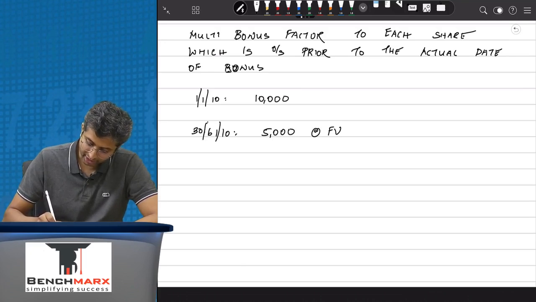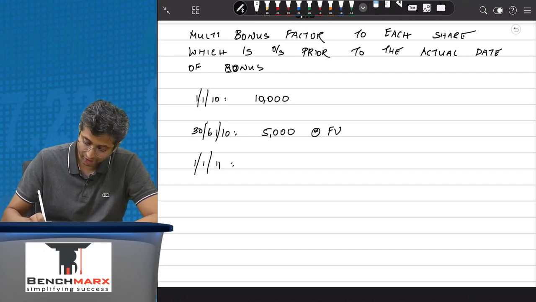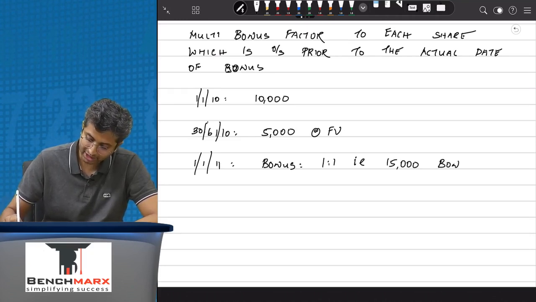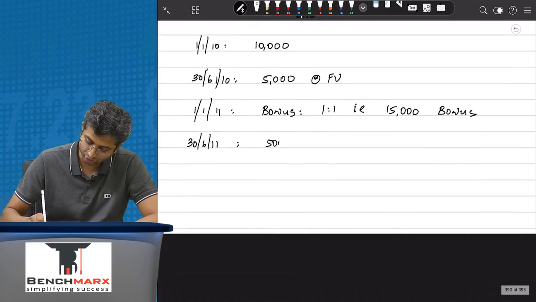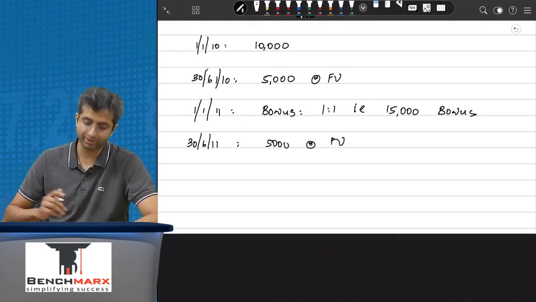Then on 1st of January 2011, you issued bonus shares in the ratio of 1:1, that is 15,000 bonus shares. And then on 30th of June 2011, you issued another 5,000 shares at fair value. Now the question says you calculate WANS.